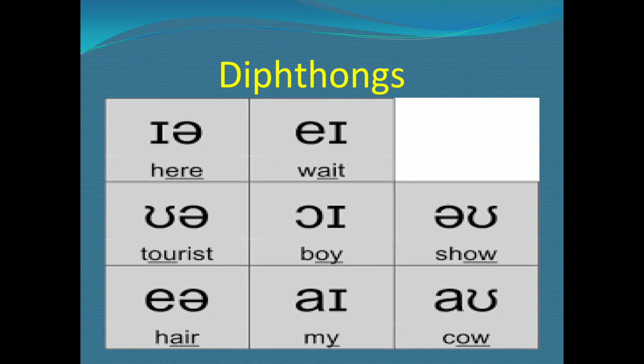You can look at this picture. In this picture you can observe that we have 8 diphthongs and out of these 8, 3 diphthongs are closing to the position of a sound. Ear, here, tourist, tour, hair.